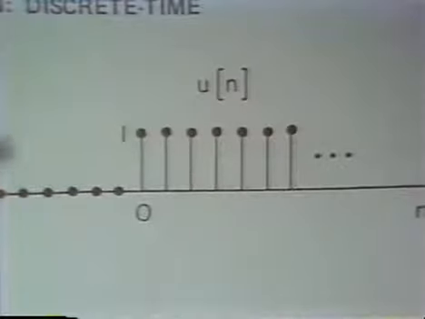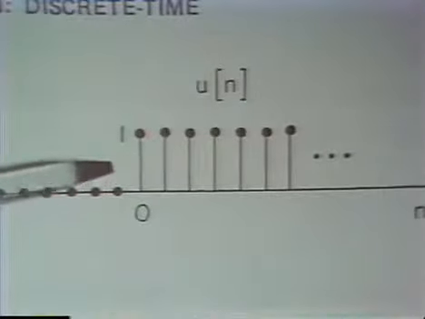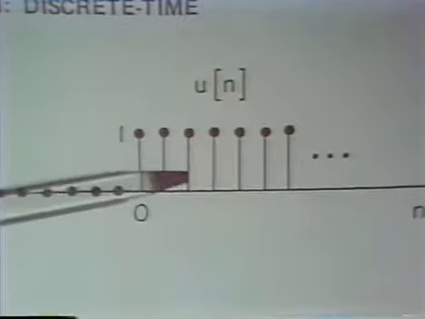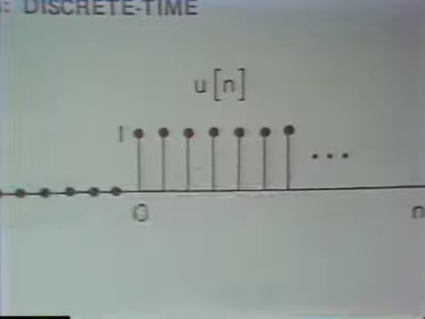by observing, in essence, that if we look at the unit step sequence, as I've returned to here, we can, in effect, think of the unit step sequence as a succession of unit impulses, one following another.